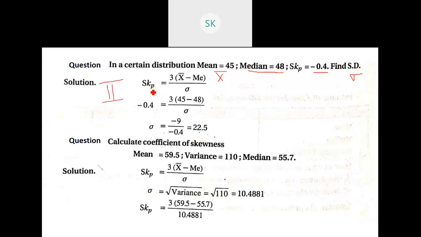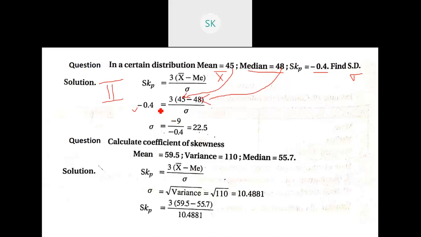So now since median is given to us, let us use the second formula of skewness, that is SKP is equal to 3 into x bar minus median divided by standard deviation. So we have the value of skewness minus 0.4, which is equal to 3 into x bar is 45, x bar is known, median is 48, that is also given in the question, divided by standard deviation.